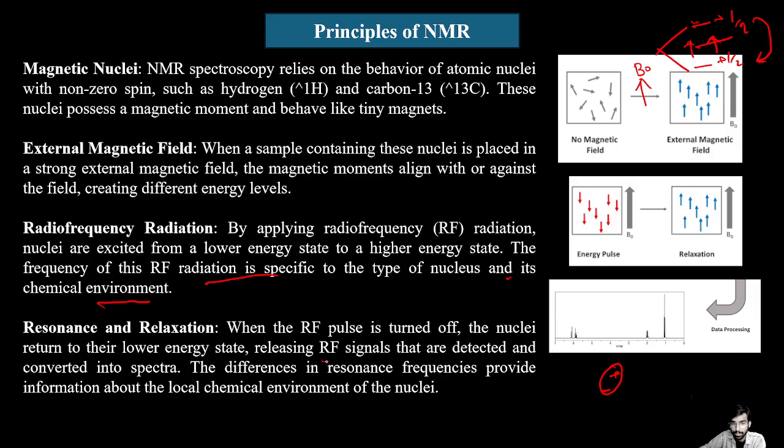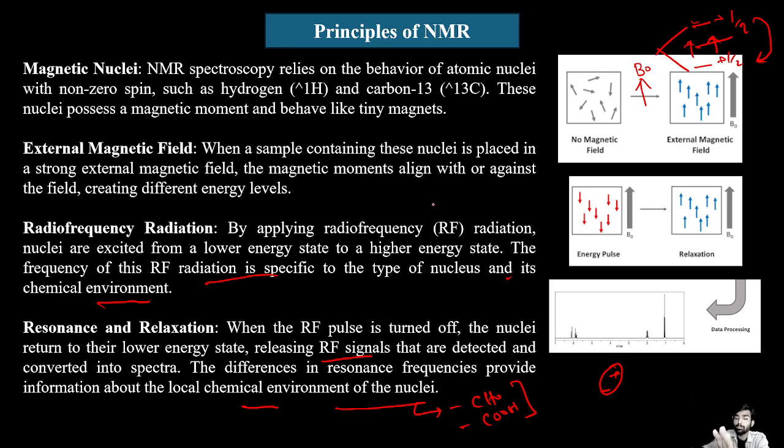That RF signal will be detected and converted to a spectrum. This difference in resonance frequency provides information about the local chemical environment. That's what I was telling about different kinds of functional groups, such as CHO, COOH. You can get an idea.